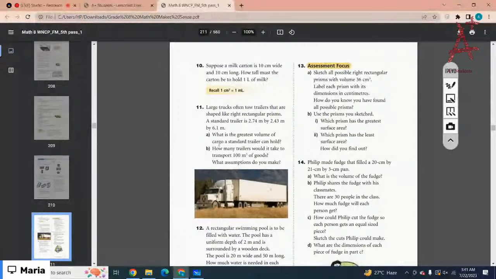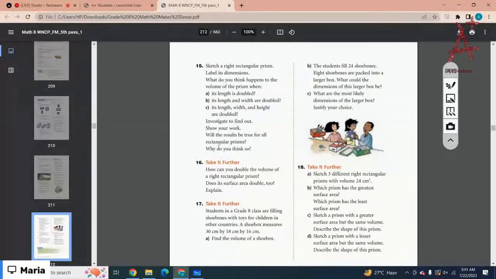Okay, let's look at question number 15. Sketch a right triangular prism, label its dimensions.